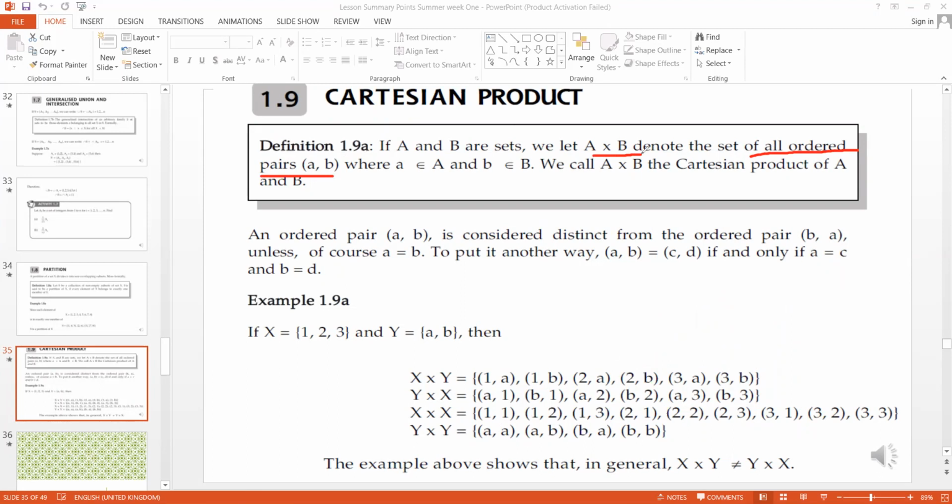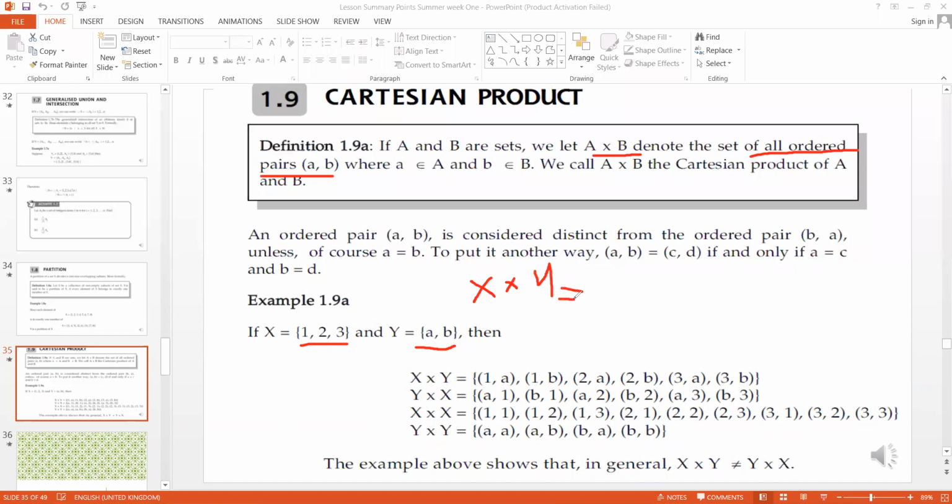So for example, if we have the set X as 1, 2, 3, and Y as A, B, then the Cartesian product X Cartesian Y is the pairing.